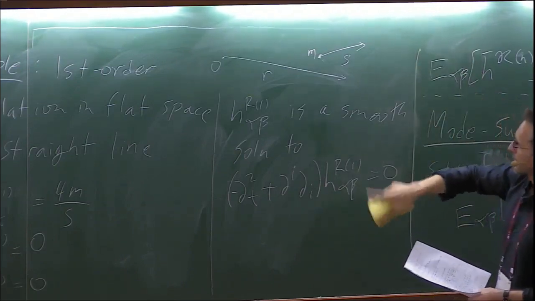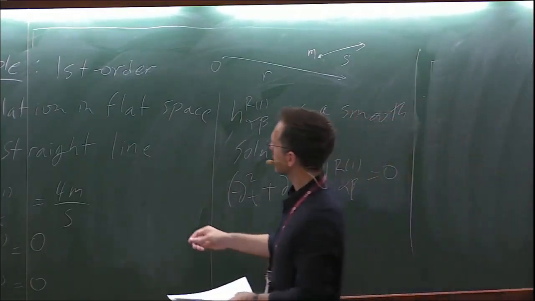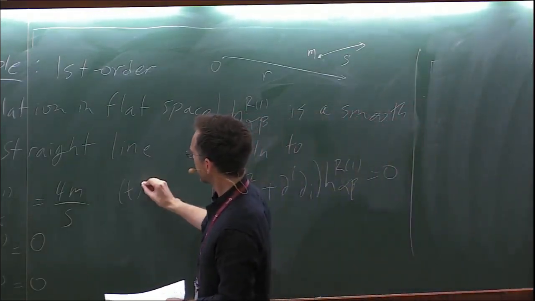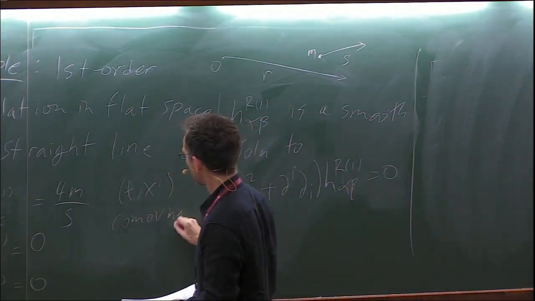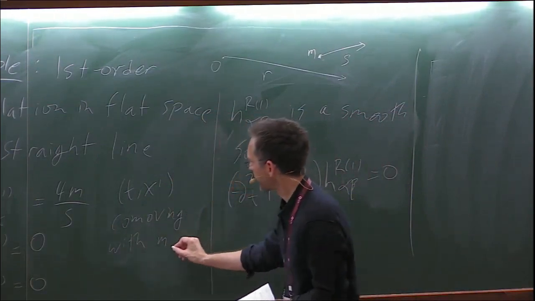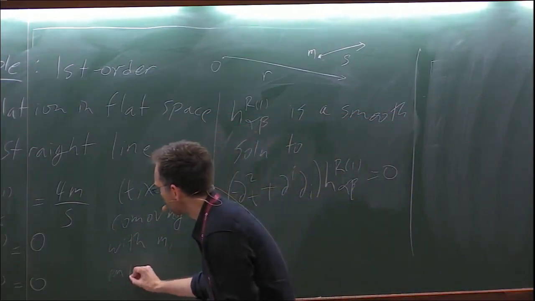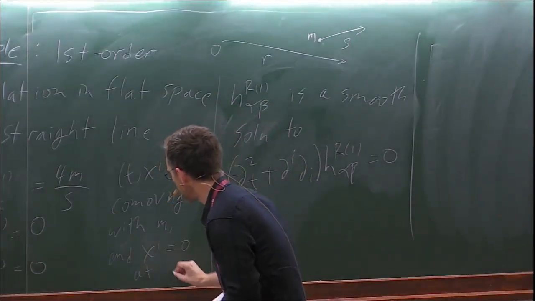Now, let's see what happens with the mode sum regularization. So this is in coordinates t, x^i that are co-moving with the particle, and x^i equals 0 at the particle.